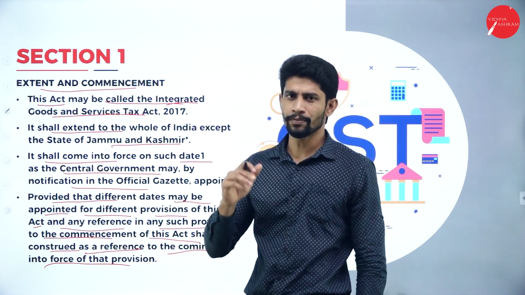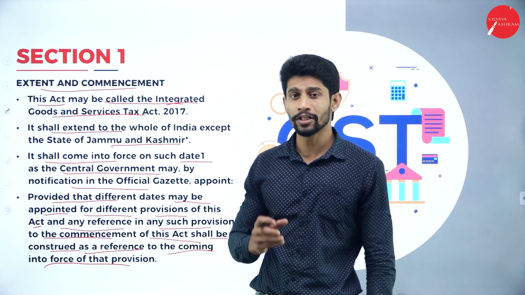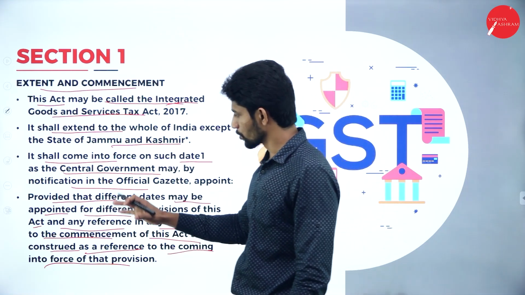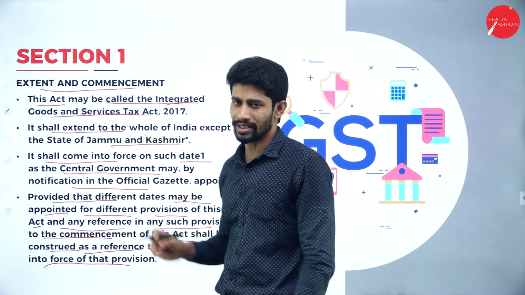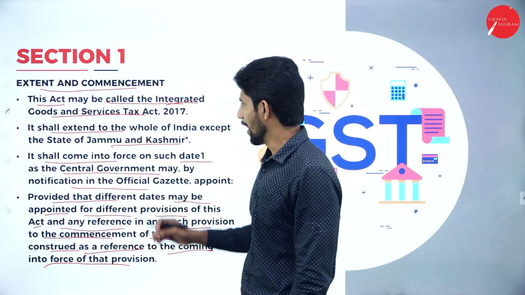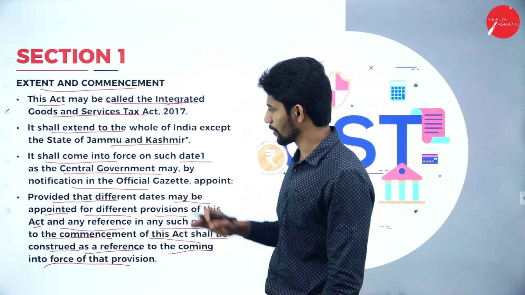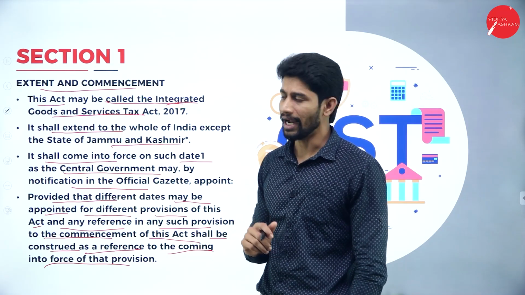Yes, so the different provisions are approved on different dates, and all of them are applicable to the whole country except Jammu and Kashmir. So section 1 says how this IGST Act commenced, when it commenced, and to which boundary it is applicable, and it also says about the provisions under the IGST Act.